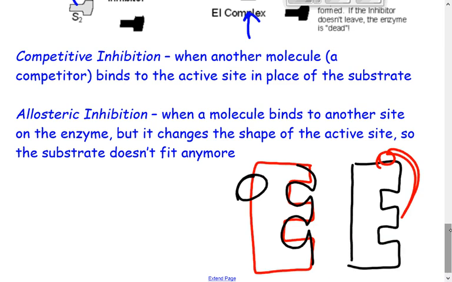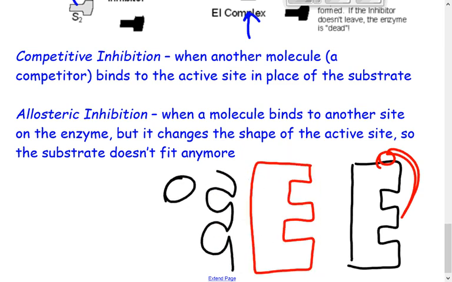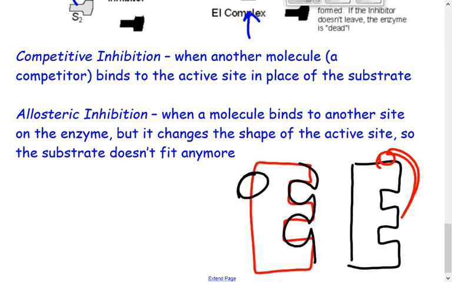If the enzyme is supposed to look like the E, maybe there's another bonding site here, and when that molecule bonds, it changes the shape of the active site, so the substrate can't bond. Other times it blocks part of the active site, and then the substrates can't bind as well.